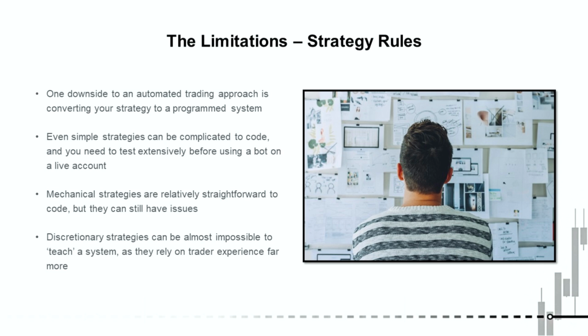If you trade a discretionary style that relies on experience, looking at similar patterns and assessing what you're going to do based on price action, that's almost exponentially trickier to code into a bot. I'm not saying it can't be done, and there will be traders and engineers out there that will be able to do it, but it will be quite complex.